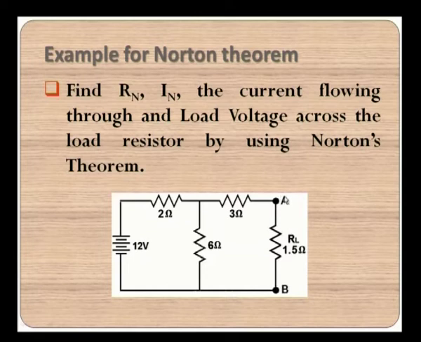We need to find out the voltage across the terminals AB and also the current that is flowing through this RL, which is a 1.5 ohm resistor. When we superficially look at this network, very easily we can use Kirchhoff's current and voltage laws, and we can find out the current in the load and also the voltage across the load. But this is an example problem for the Norton theorem.